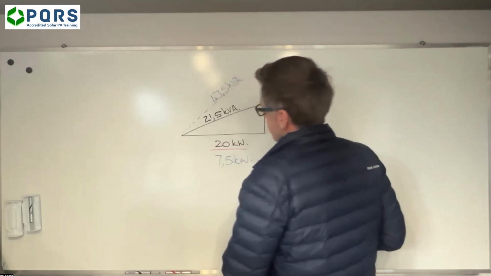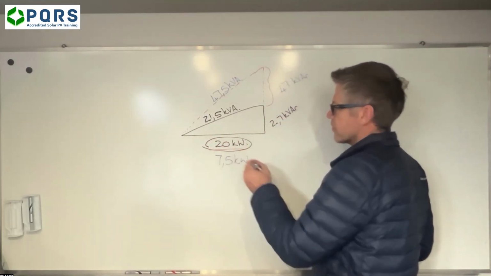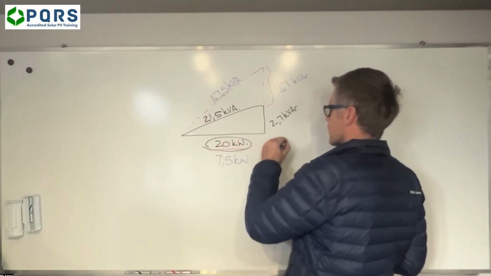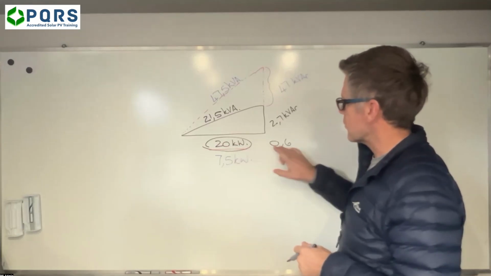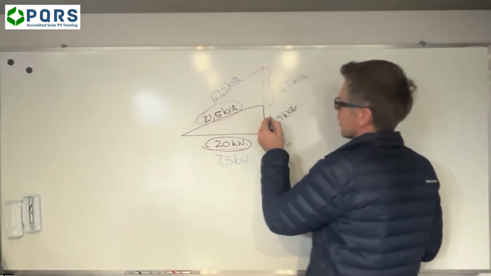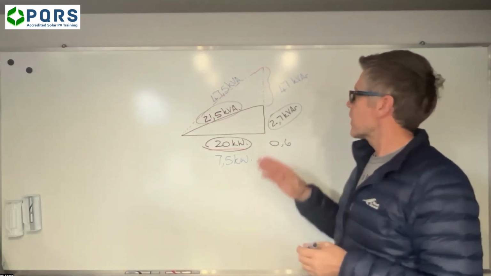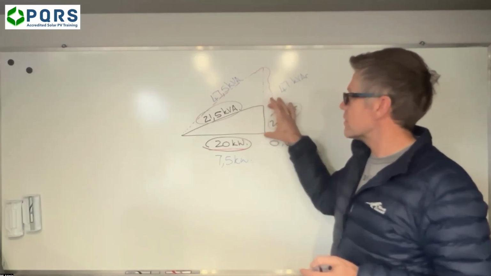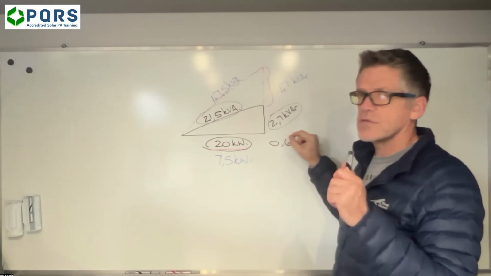So if you have the load and you have the power factor, so if you have a load of 20 kilowatts and you have a power factor of 0.6, for example, you'd be able to calculate the kVA, you'd be able to calculate the kVAr, and you would be able to calculate how much capacitance you need in order to inject into this installation to correct the reactive power to where it's supposed to be.